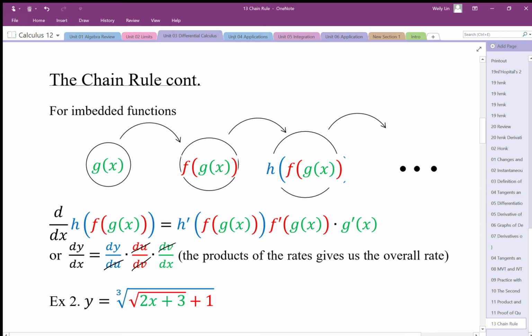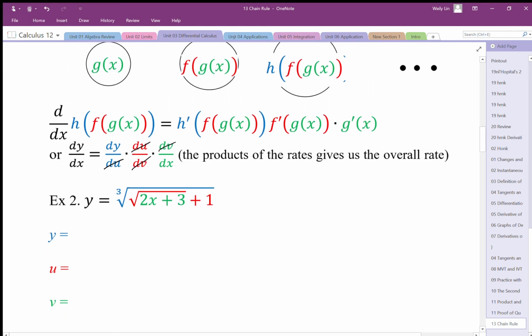So this product of the individual rates gives us the overall rate, and algebraically it's very consistent. All these rate terms cancel out, and we get exactly what we want: the change in the outside function with respect to the change in the innermost function x.